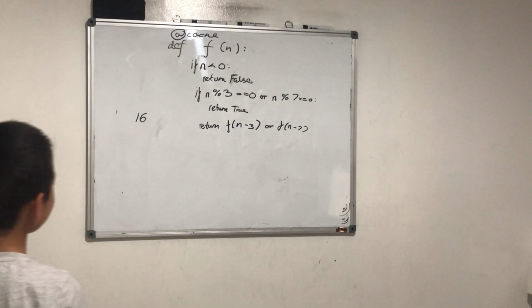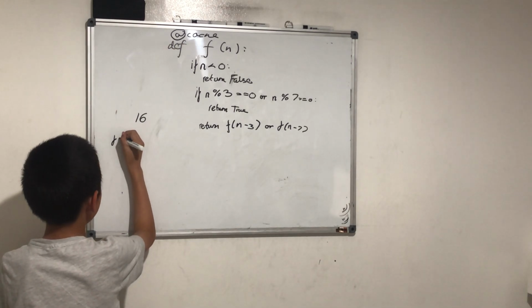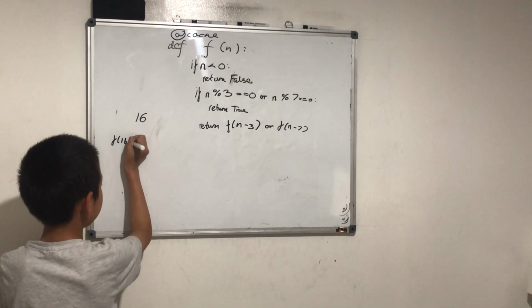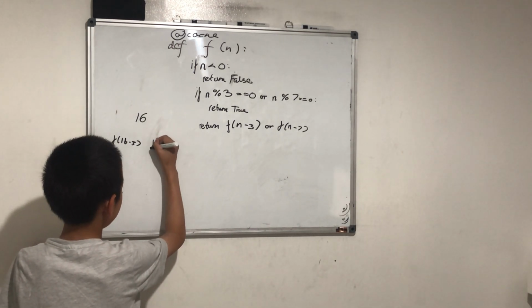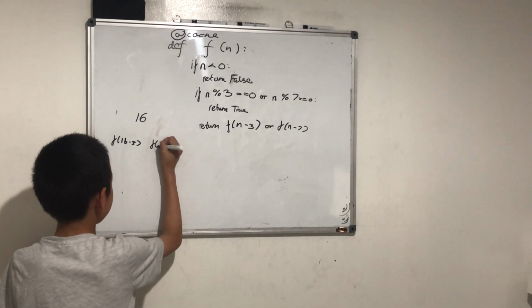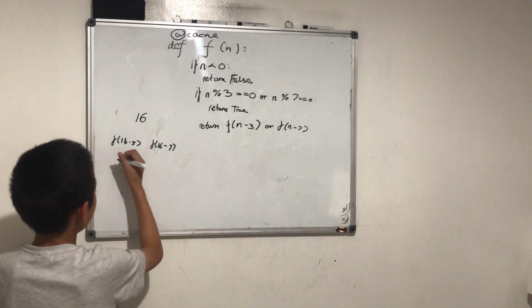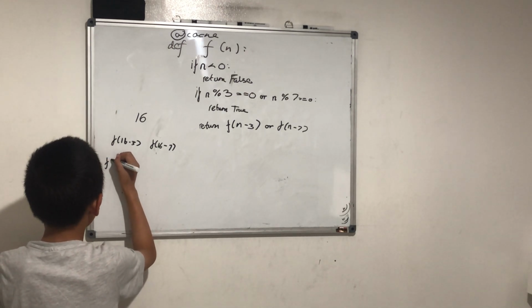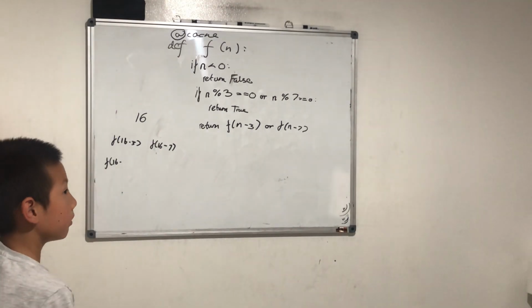And n is 16. And if we know f of 16 minus 3 and f of 16 minus 7, and f of 16 minus what?